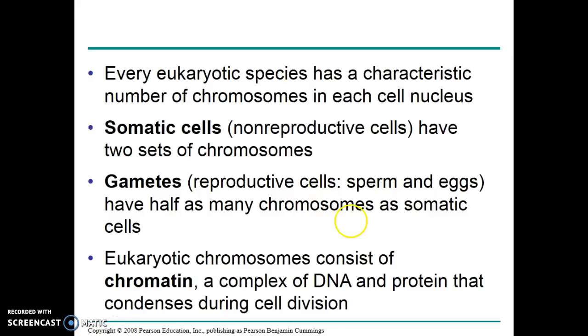That's why they are reproductive. The sperm from the man gives 23 chromosomes, and the egg which it fuses with gives 23 of them.